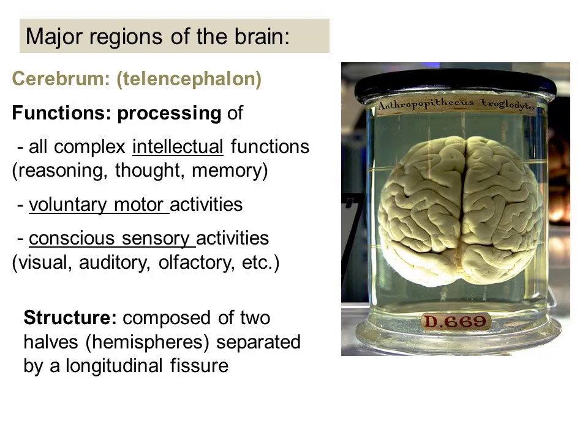Now, when you look at the cerebrum, and we're going to be talking about adult organs, we have a right and left hemisphere, two halves of the brain, divided by a longitudinal fissure that runs down through the middle in a dorsal ventral direction. These two halves are not completely separate.